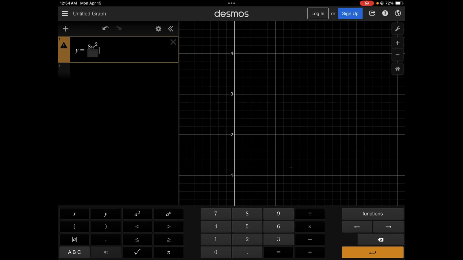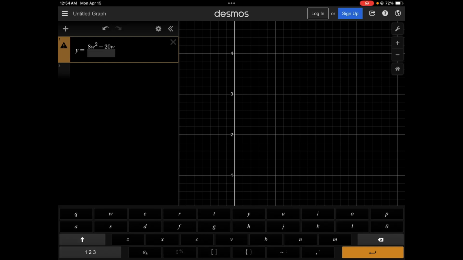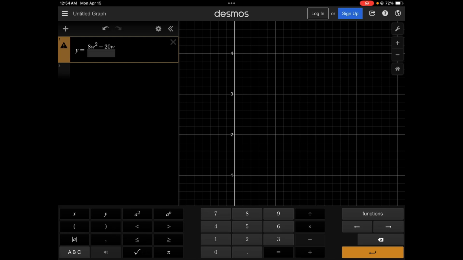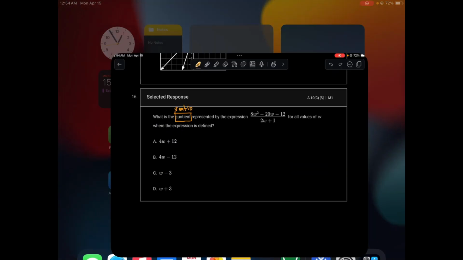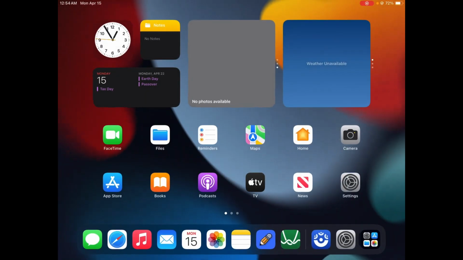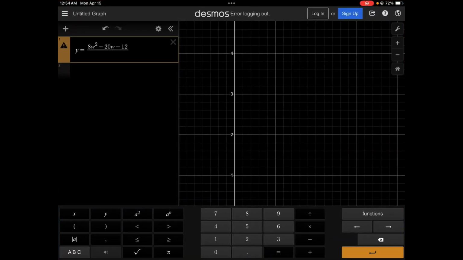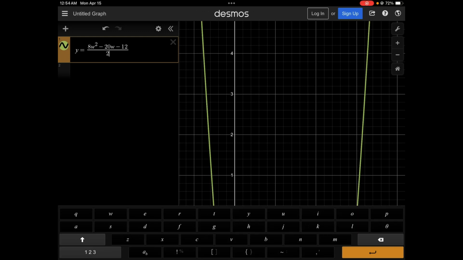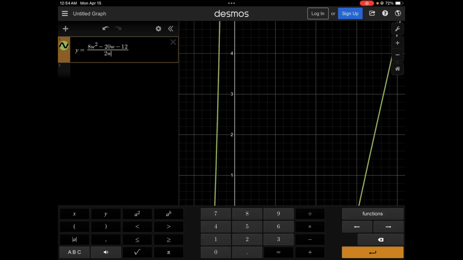8w squared minus 20w minus 12, and the denominator is 2w plus 1.